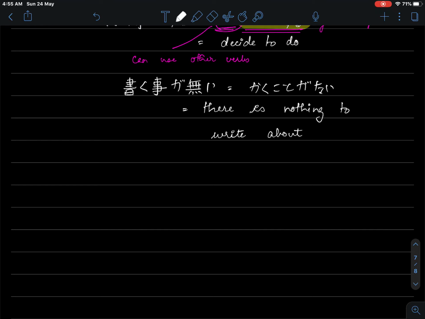There's nothing to write about. Okay, pretty simple, nothing too difficult about it. Again, this koto refers to an abstract thing. There is another phrase or another word which we use to mean tangible things, that is non-abstract things, and we will look at that kanji and we will contrast the two when we do that other kanji. So for now, I think this should be good enough.